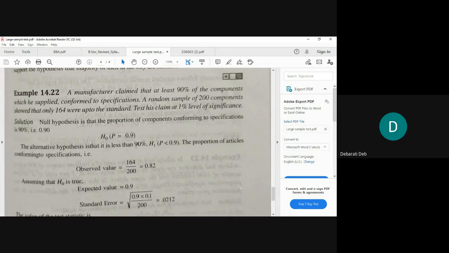So in the solution, write down: the null hypothesis is that the proportion of components conforming to specifications is 90%, that is 0.90.